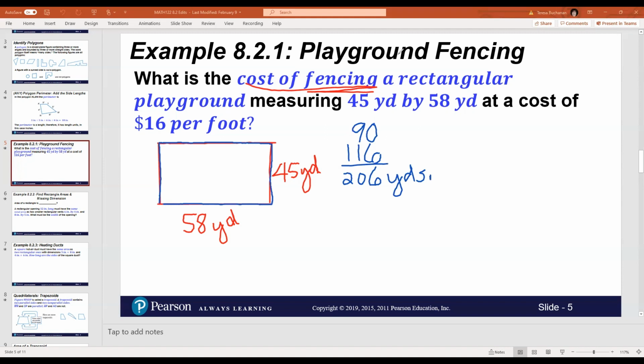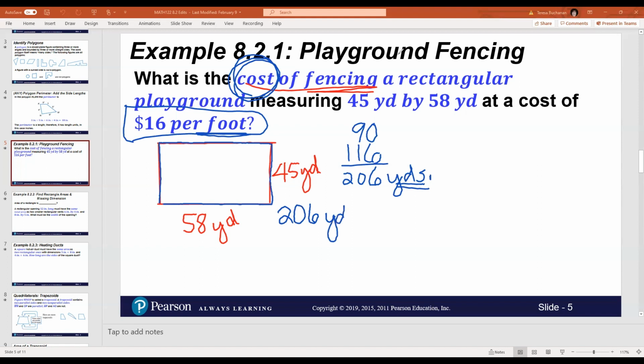But when I go down here then and start trying to answer my question, because I'm interested in the cost, right? So I've got to take the 206 yards and somehow convert it to dollars, convert it to the cost. But look at what I have. I'm in yards, and this stuff sells per foot, which means I have to get out of yards and into feet.